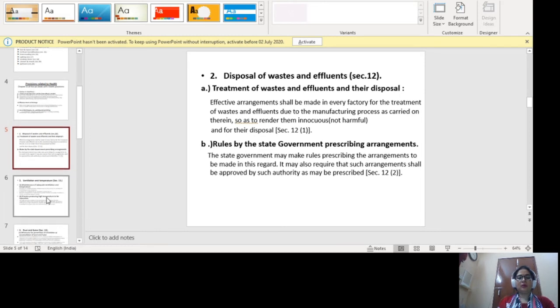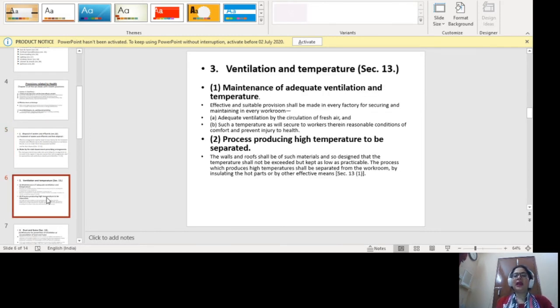Now, next is your ventilation and temperature. Maintenance of adequate ventilation for air and temperature.